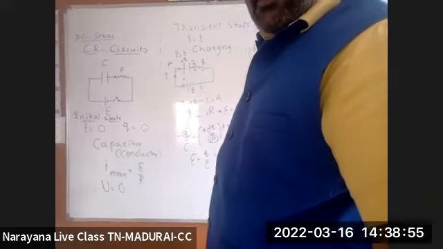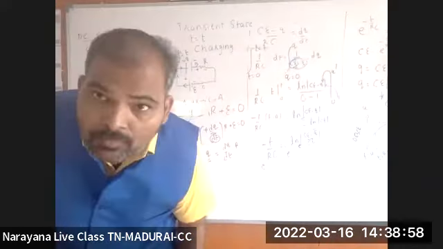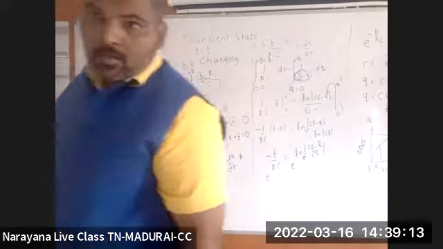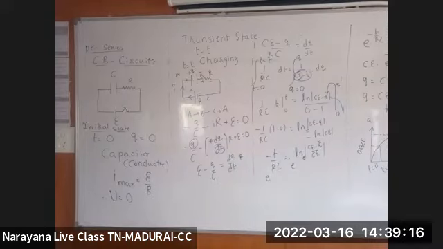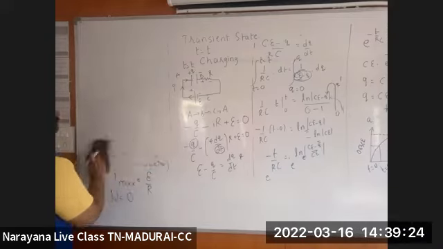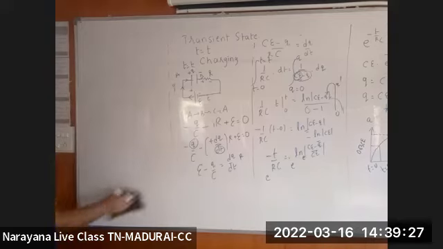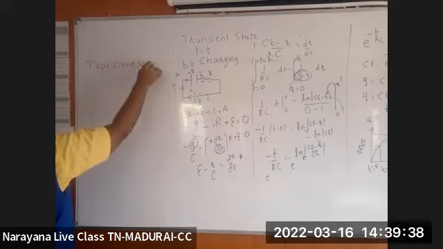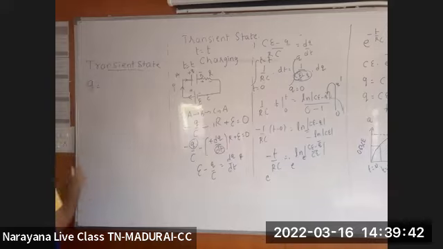In the transient state, what is the charge on the capacitor after t seconds?